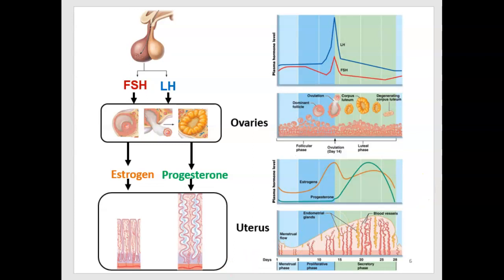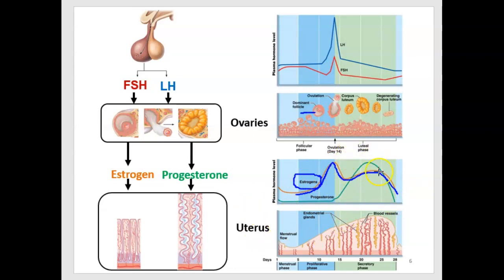Also, the ovary, not the uterus, is producing hormones of its own, estrogen and progesterone. It's the granulosa cells in the follicle that make the estrogen. And you can see how estrogen production rises and then declines and then rises again, and we're going to explain why that happens.